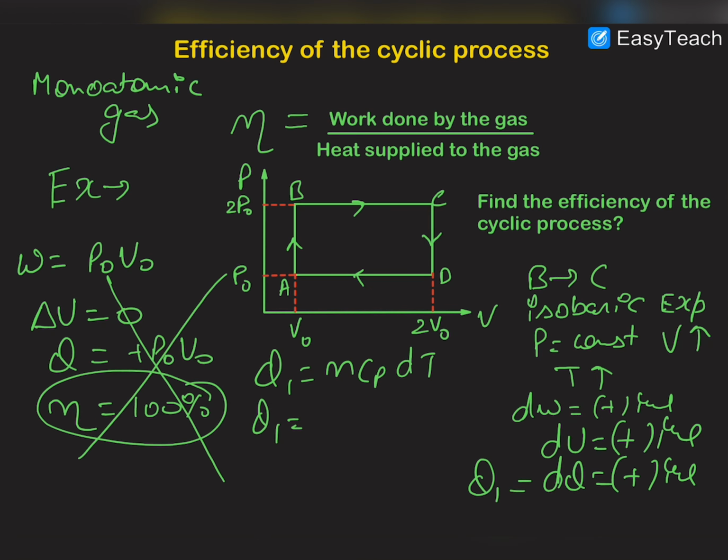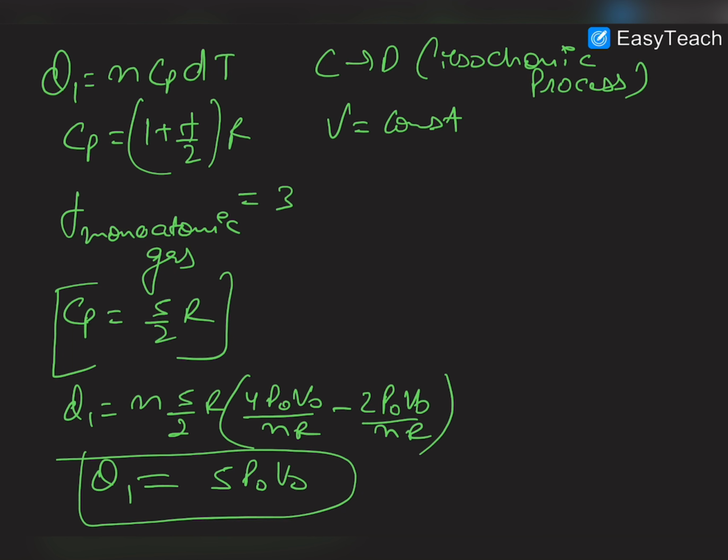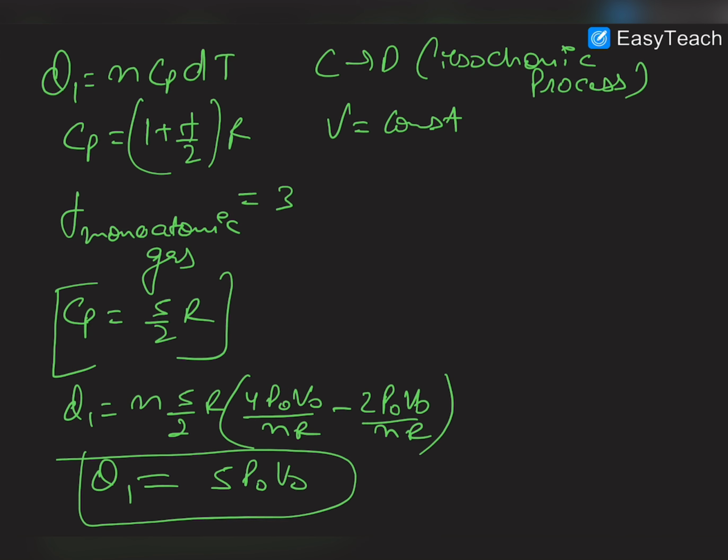Now CD is an isochoric process, and in an isochoric process volume remains constant. If the volume remains constant and pressure is decreasing, then temperature will obviously be decreasing.